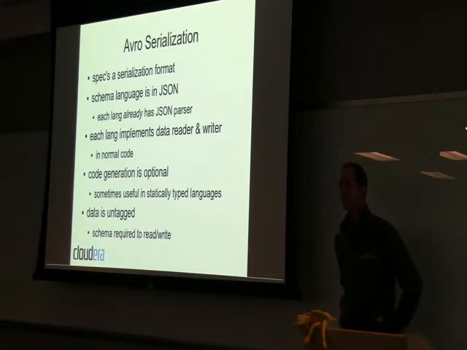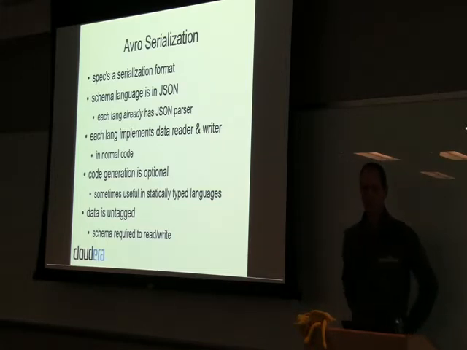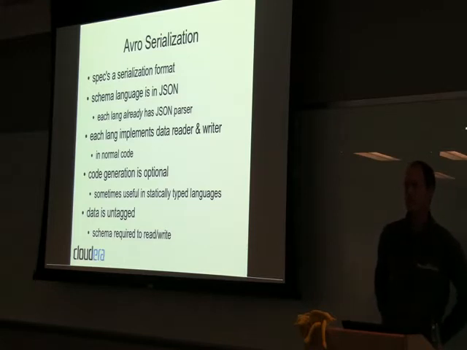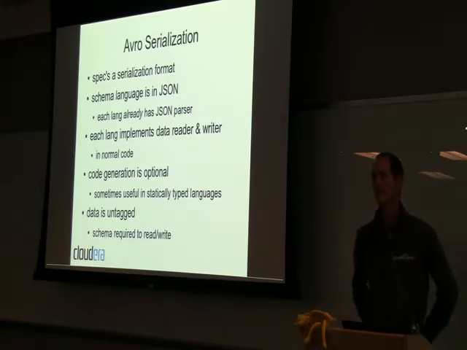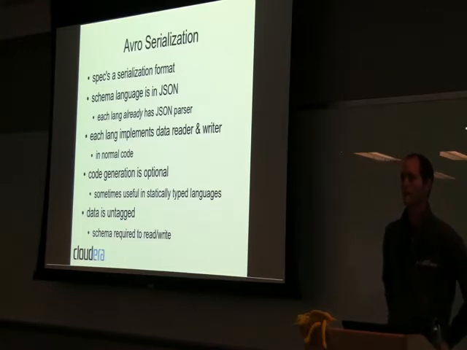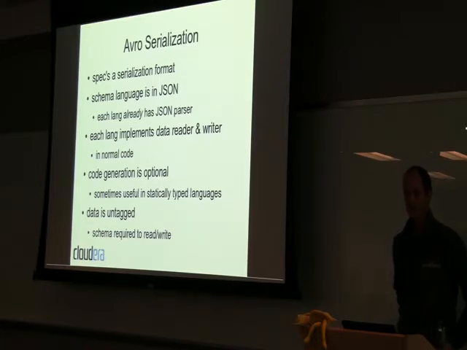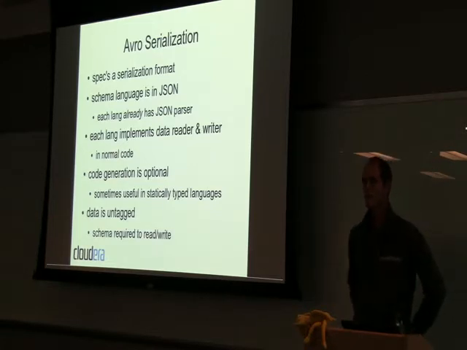You can do it. We have code generators for Java, and that's useful. Some people like to have a dedicated class generated for every data type, but you don't need to. If you're using Ruby or Python, there's really no point in some languages.